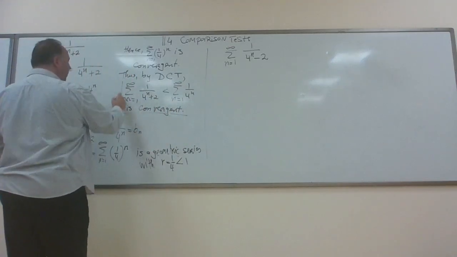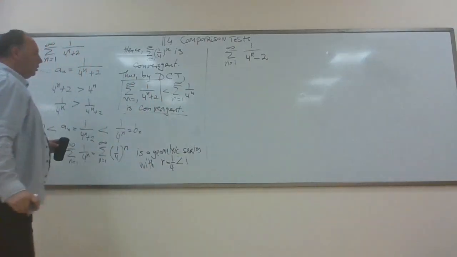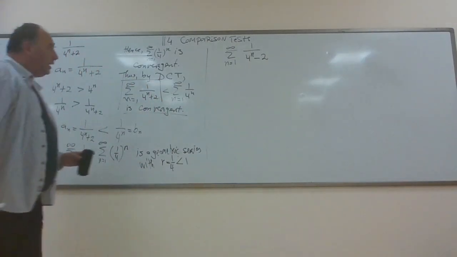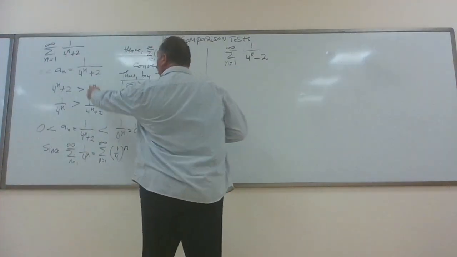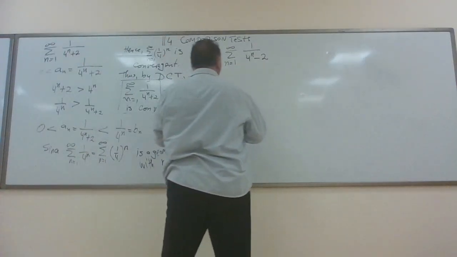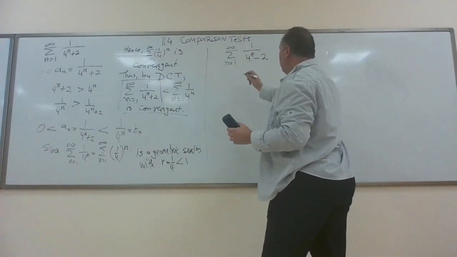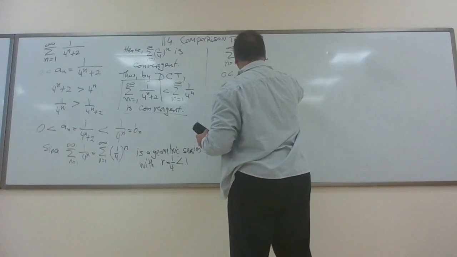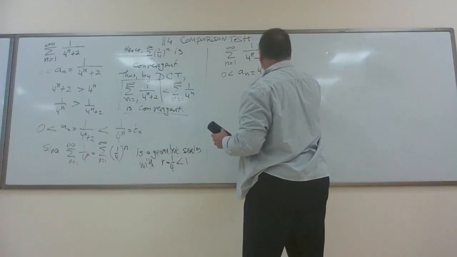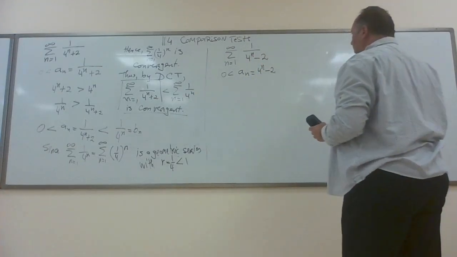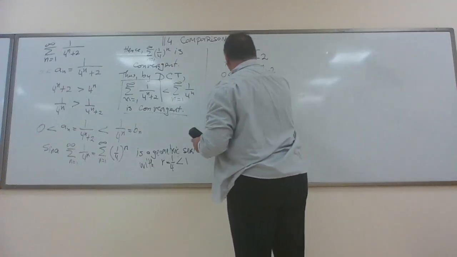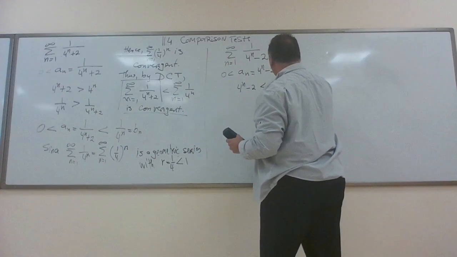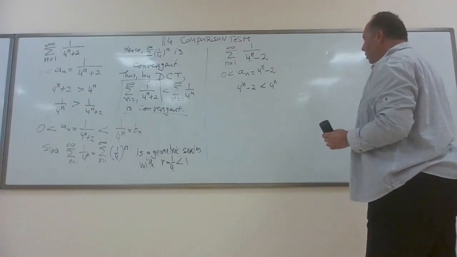So our series here is convergent by direct comparison test. That was straightforward, nothing special there. Now, just to see what happens, here I have plus 2, and here I have minus 2: 4 to the power n minus 2. Just to observe, 4 to the power n minus 2 is smaller than 4 to the power n.